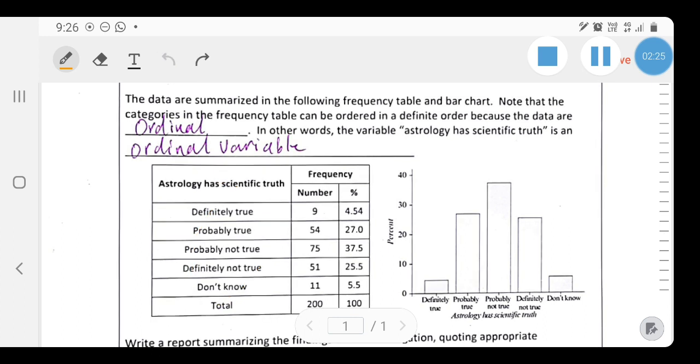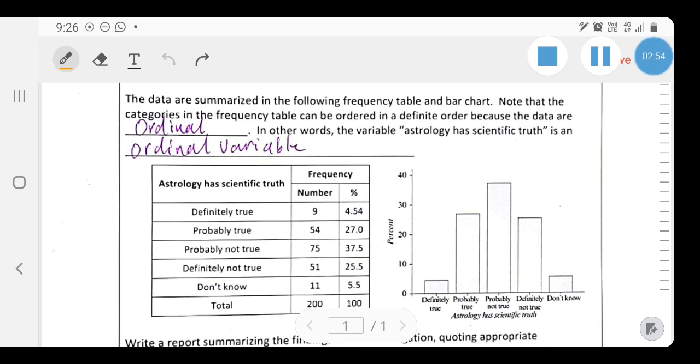That's a categorical variable because it asks for worded answers. But those worded answers can be ordered from least likely to most likely. So it's categorical but ordinal, okay? But not numerical. So, in other words, the variable astrology has scientific truth is an ordinal variable, as I just said.